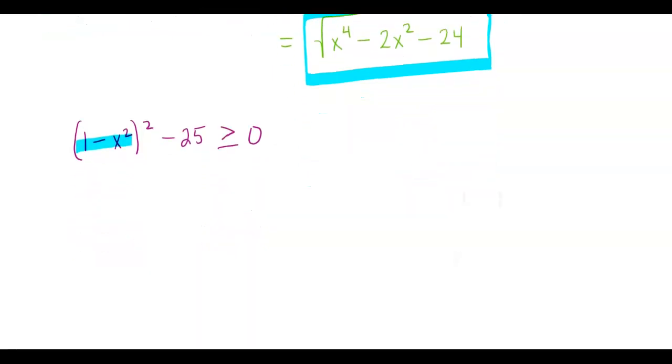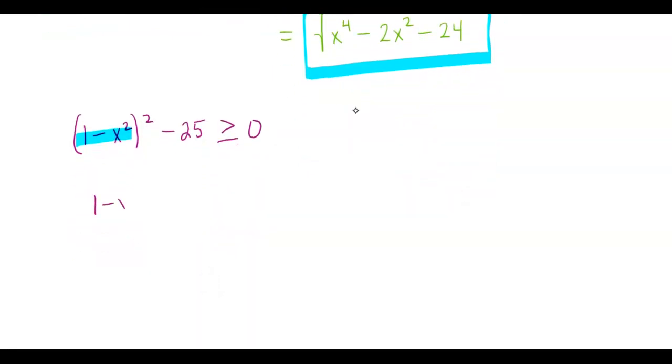So let's set up those two equations. 1 minus x squared has to be less than or equal to negative 5, or 1 minus x squared has to be greater than or equal to 5. And then we'll solve each of these equations individually. Oops, sorry, this should be a minus.